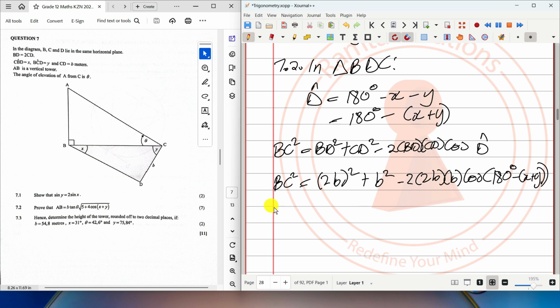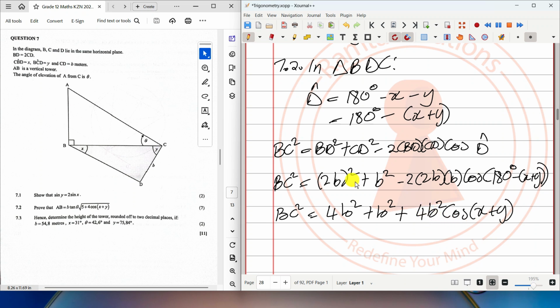Again, BC squared is equal to 4B squared plus B squared minus 4B squared. As you can see, this is cos of 180 minus. Cos of 180 minus is negative, and negative times negative will be positive. So it's cos x plus y.